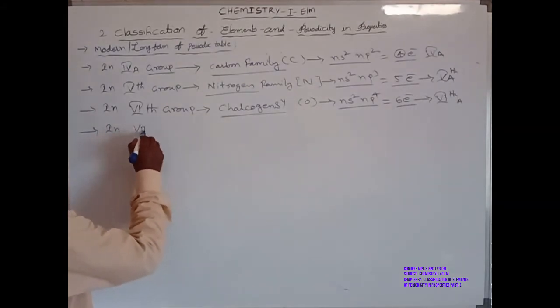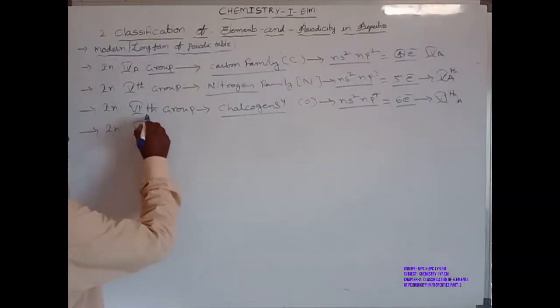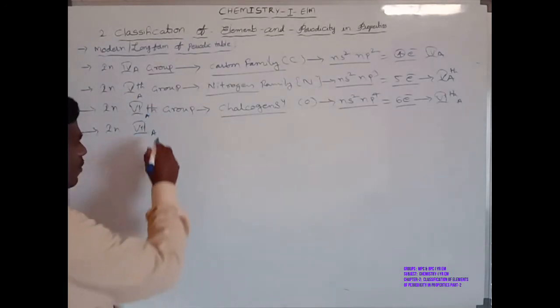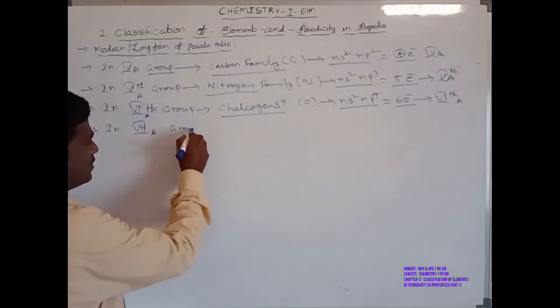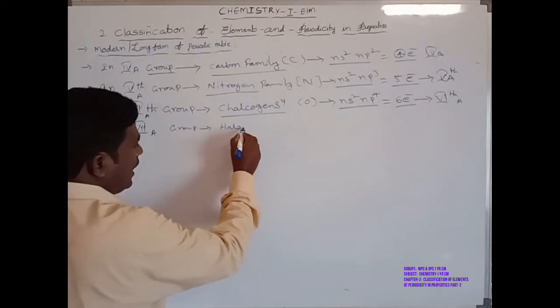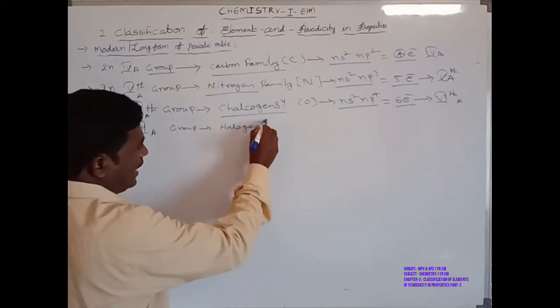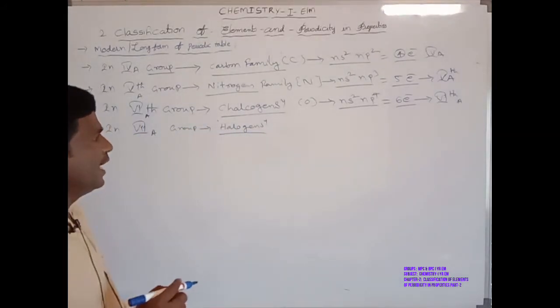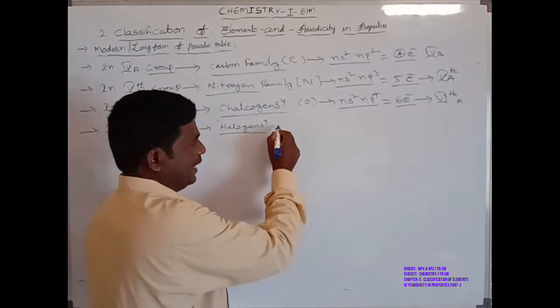In the 7th A group, the 7th A group elements are also called halogens or halides.